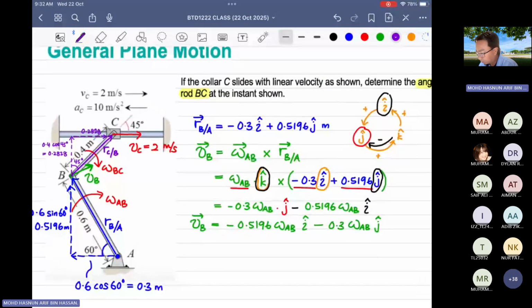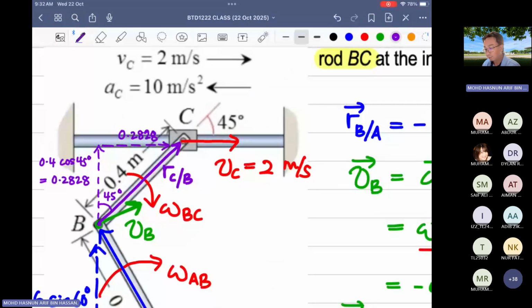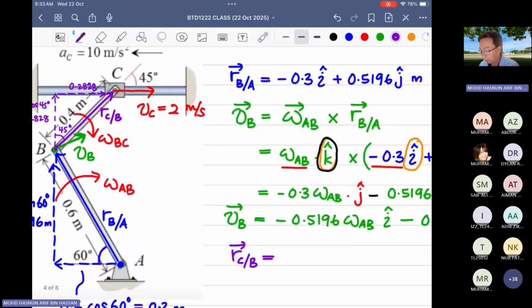Okay, so now we can write down R C/B vector is equal to, both are positive. You can see the y-axis is positive pointing upwards and the x-axis is positive pointing to the right.